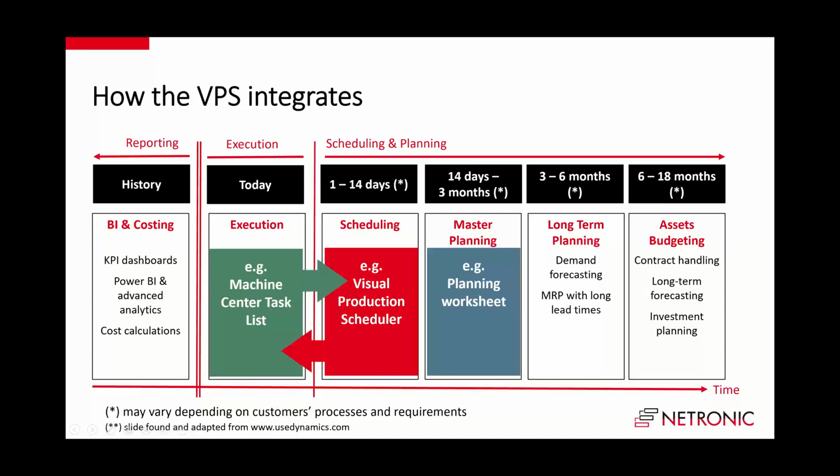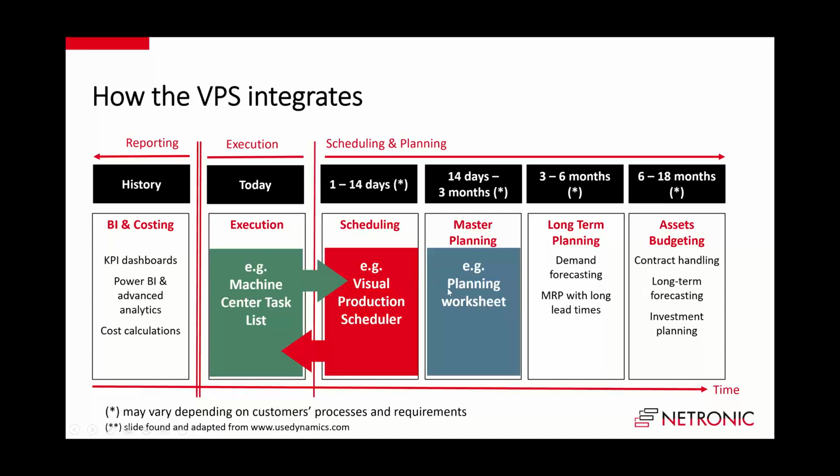The VPS that we looked at really closely integrates with what is happening on the execution level. So what you do on the VPS has an impact on the Machine Center task list and vice versa, but the VPS right now does not have an integration with the planning worksheet.